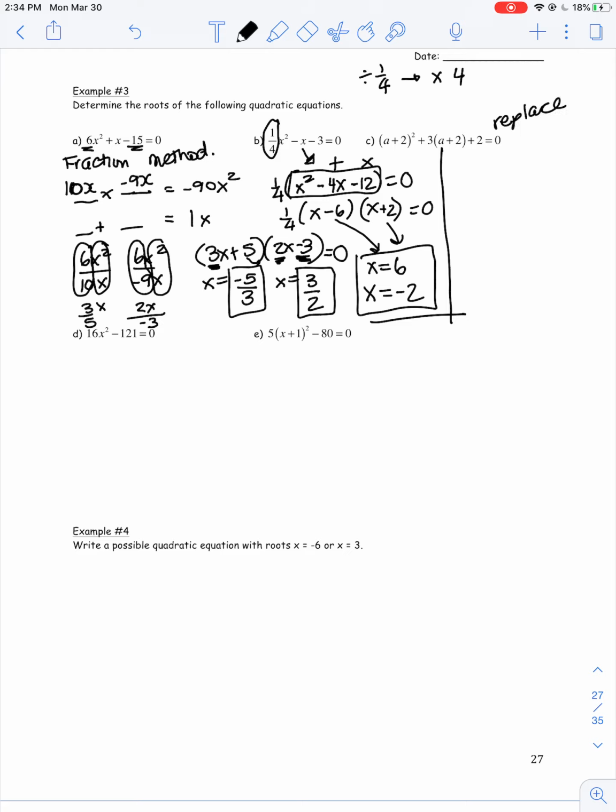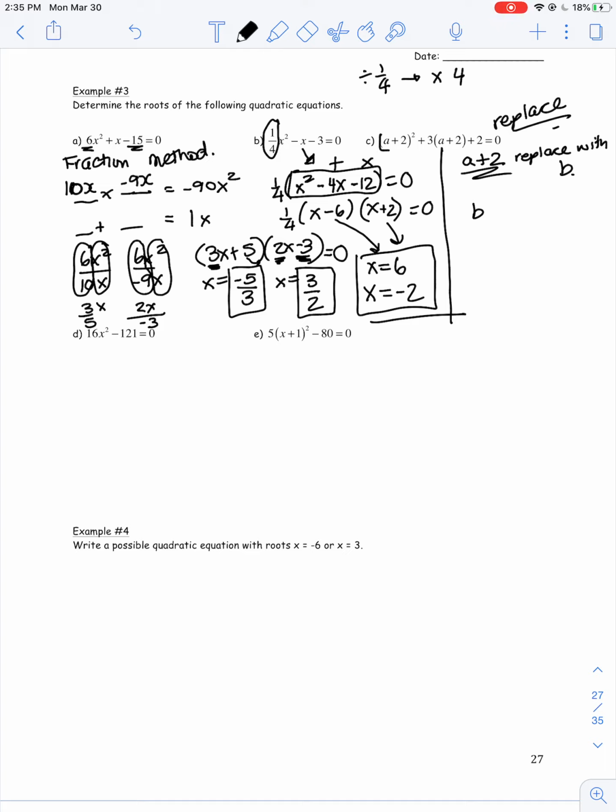Okay, so for the next one, what I would do is something called replace. This is a really handy technique, especially once you get into 30-1 when it gets really complicated. You're going to take something out to make it easier to work with, but then you're going to put it back in. So for example, I may take a plus 2 and replace it with the letter b.